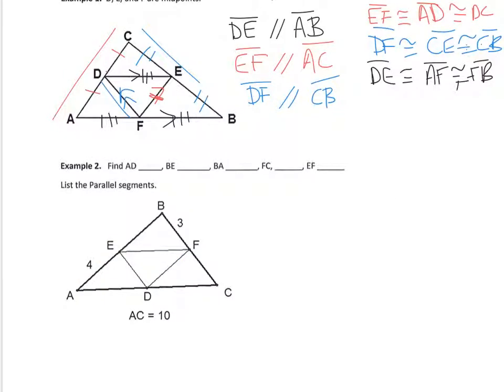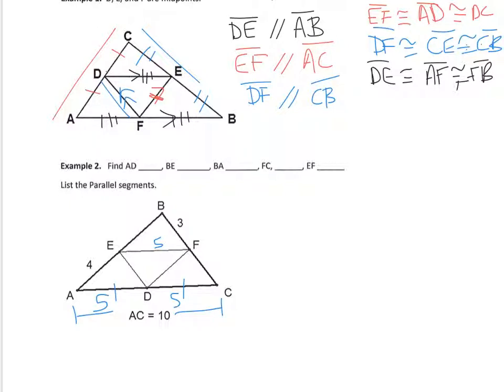Alright, at the bottom of the page, using this information that we're given, AC is 10, so all the way across is 10, and this is a midpoint scenario, so AD is congruent to DC. So that means AD has to be 5 and DC has to be 5. It also means, because EF is a midsegment, that EF has to be 5.